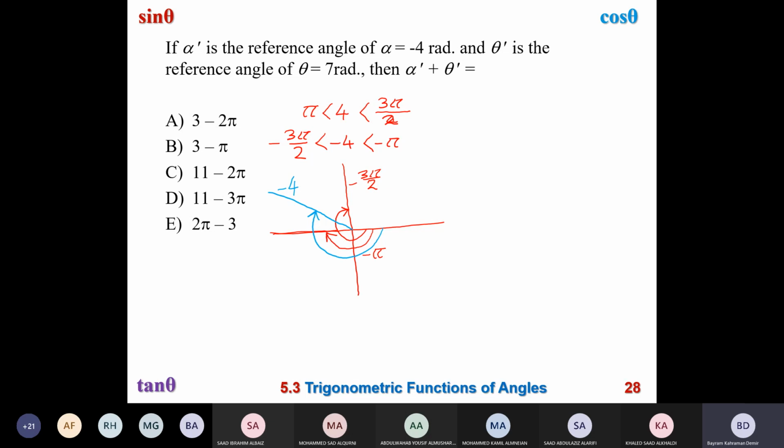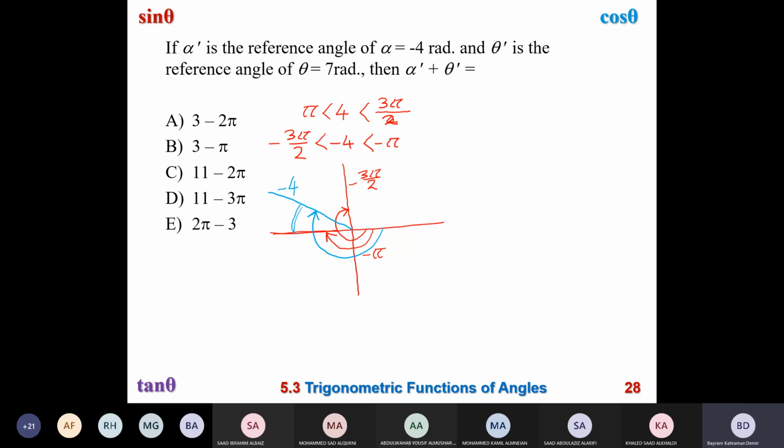It is less than -pi, but greater than -3 pi over 2. So it is in the second quadrant. All right. So we are looking for the angle between the terminal side and the x-axis here, right? Which is the reference angle of -4.